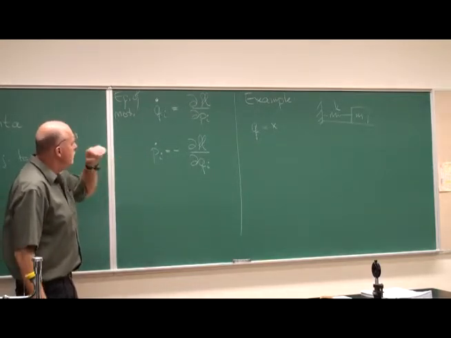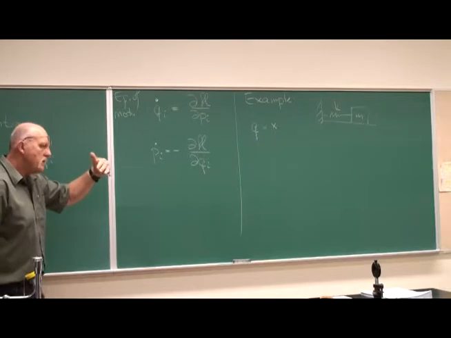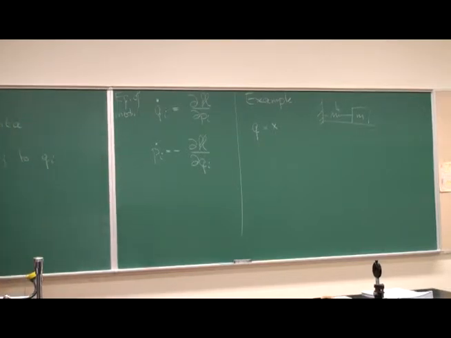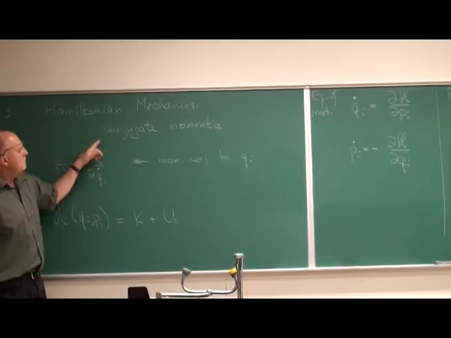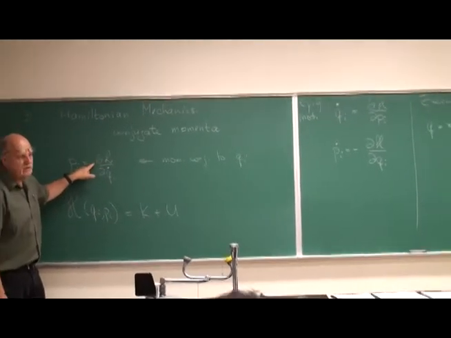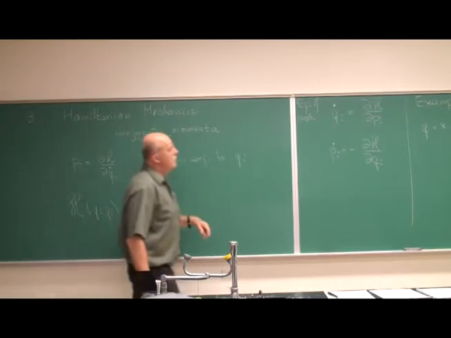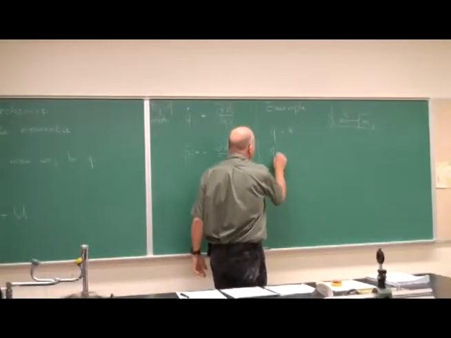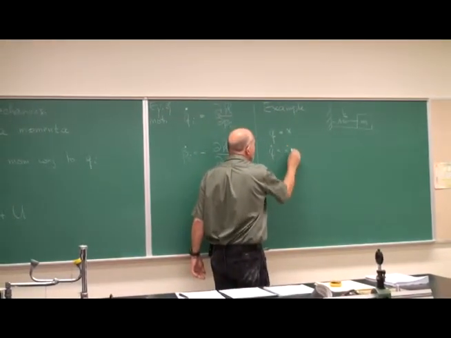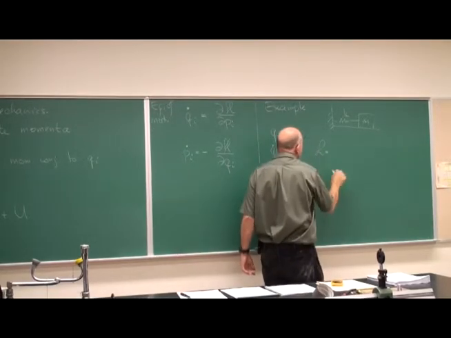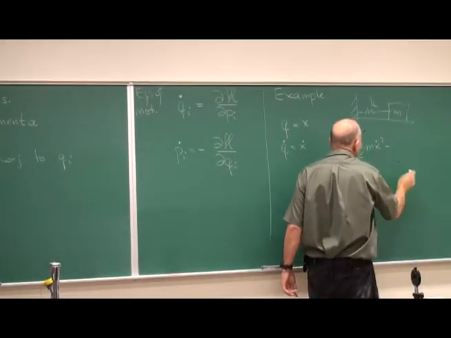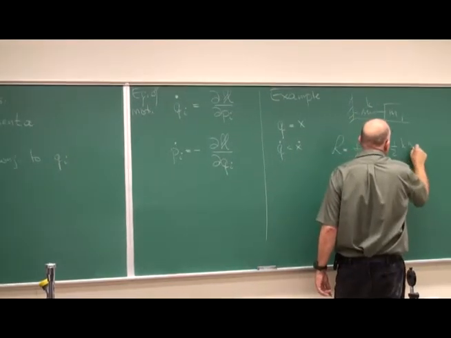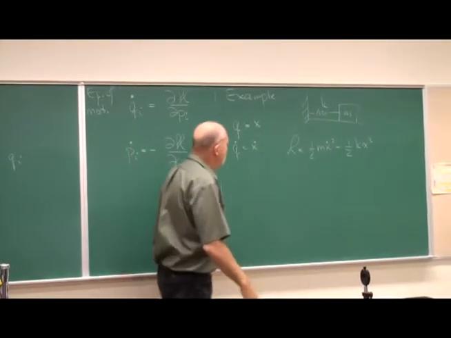So once we have chosen a generalized coordinate, the next step is to figure out the conjugate momentum. To do that, we have to form the Lagrangian. So we have Q, we have Q dot, we need this for the Lagrangian, and the Lagrangian is 1/2 m x dot squared minus 1/2 k x squared, like before.